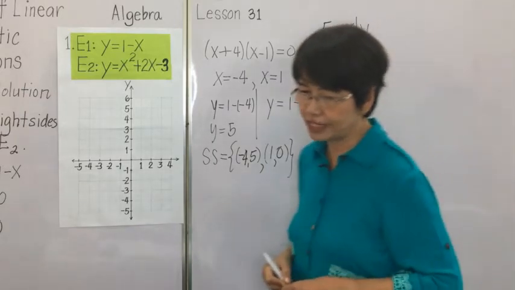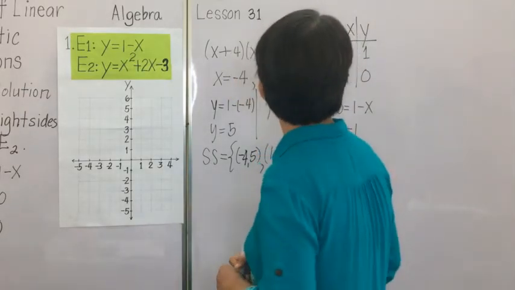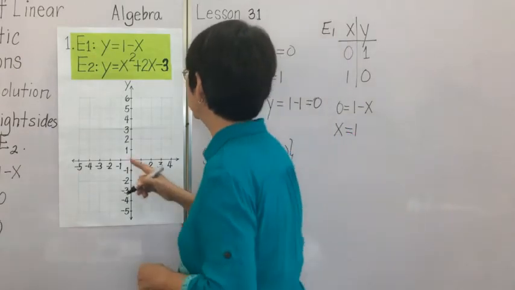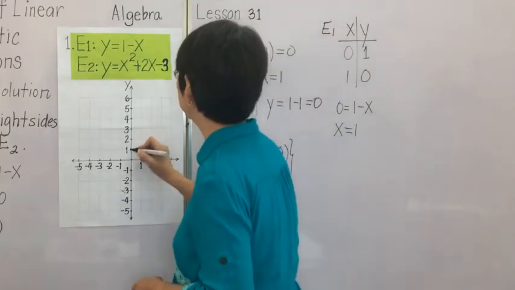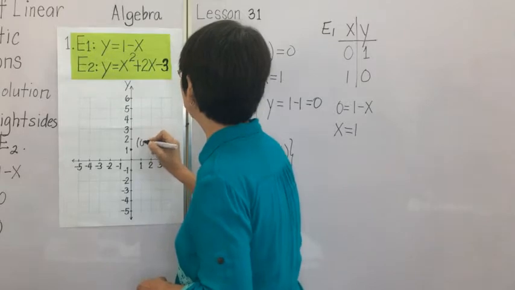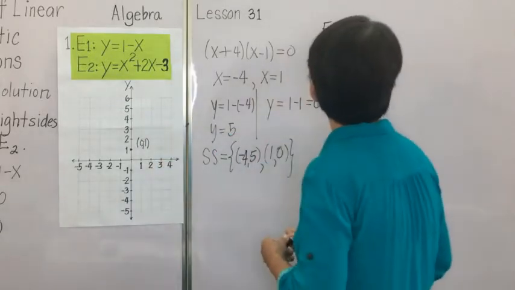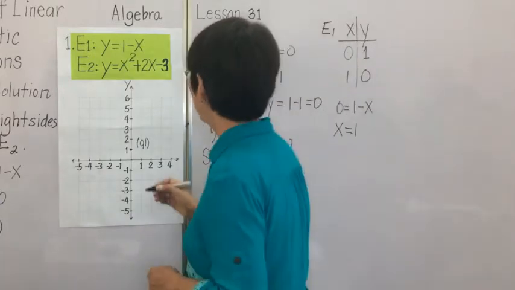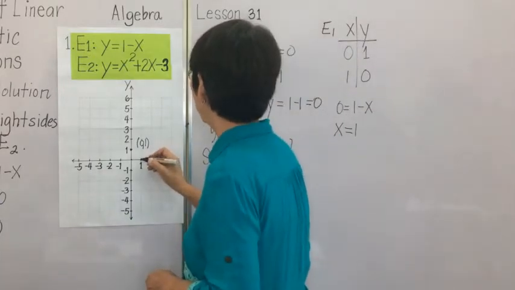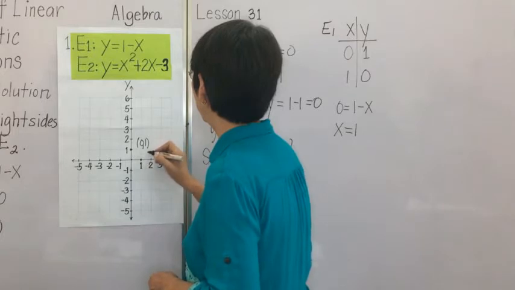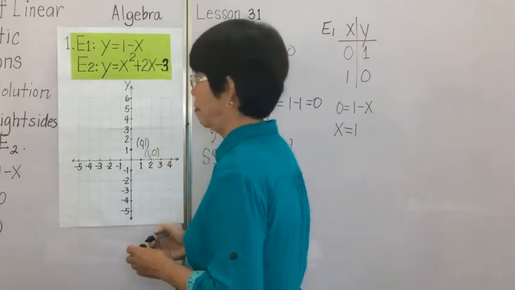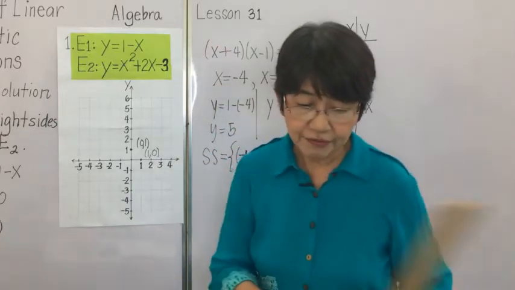And we can graph that right away. 0, 1. And 1, 0. And we have this graph.